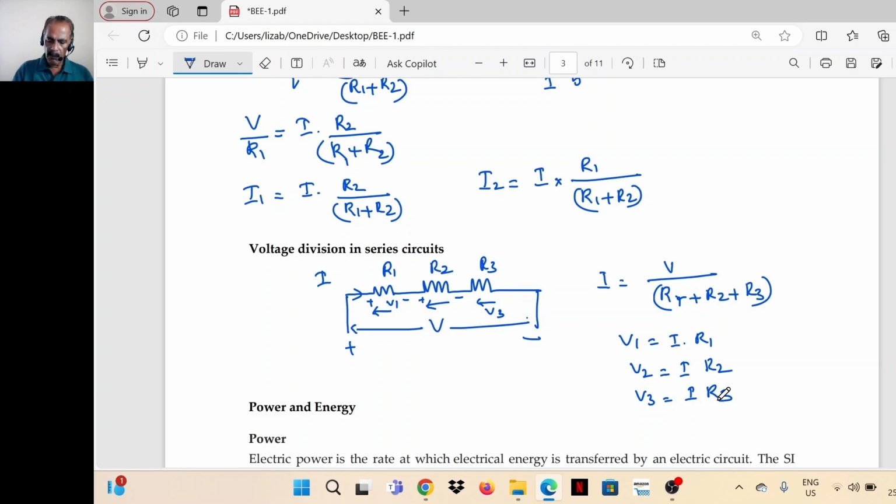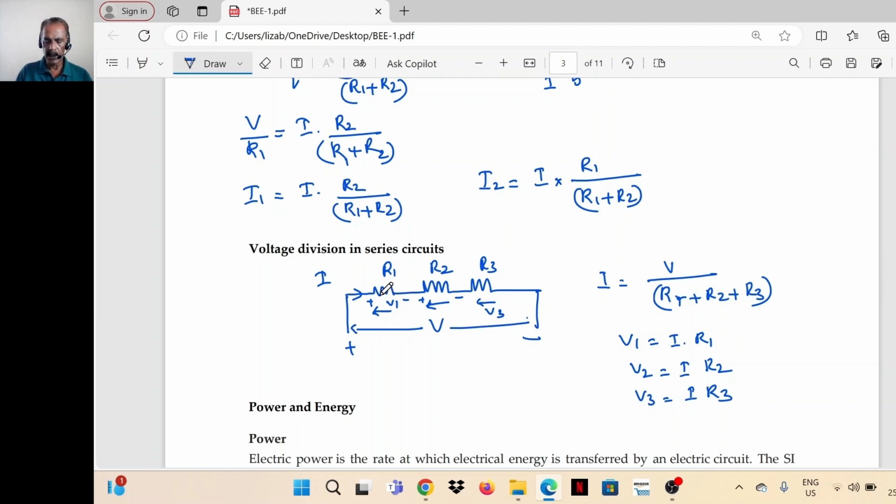So total voltage V is equal to V1 plus V2 plus V3, or I into R1 plus R2 plus R3. So this is how the voltage divides in a series resistive network.